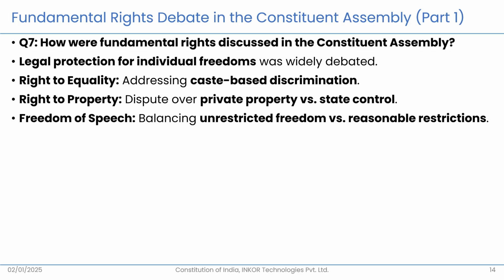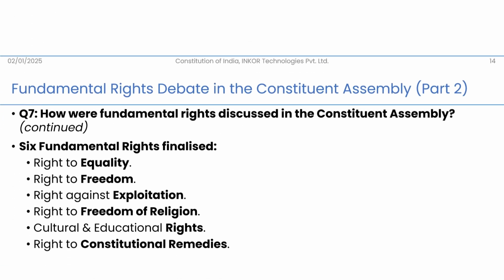Some members supported absolute private property rights, while others believed the state should have control over land and resources for the welfare of society. The freedom of speech debate revolved around how much freedom should be granted. Some wanted unrestricted freedom, while others argued for reasonable restrictions to prevent hate speech or threats to national security.